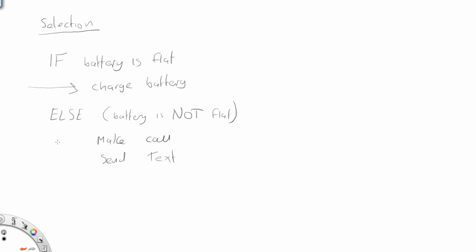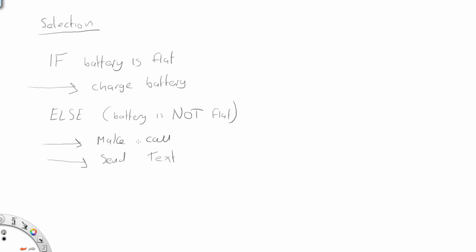Again we can see that this is indented, which indicates that this only happens under the else part of the if statement. So if the battery is flat, we charge the battery, and then we don't do the else. If the battery isn't charged, then we do the else part, we make the call, and we might send the text message.